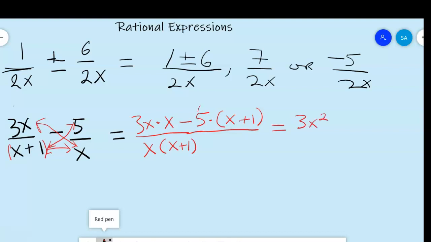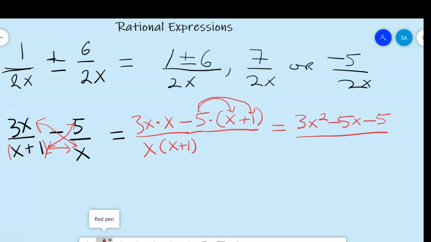Here we distribute, and remember this negative belongs to this 5, so negative 5 times x gives us negative 5x, and negative 5 times 1 gives us negative 5.